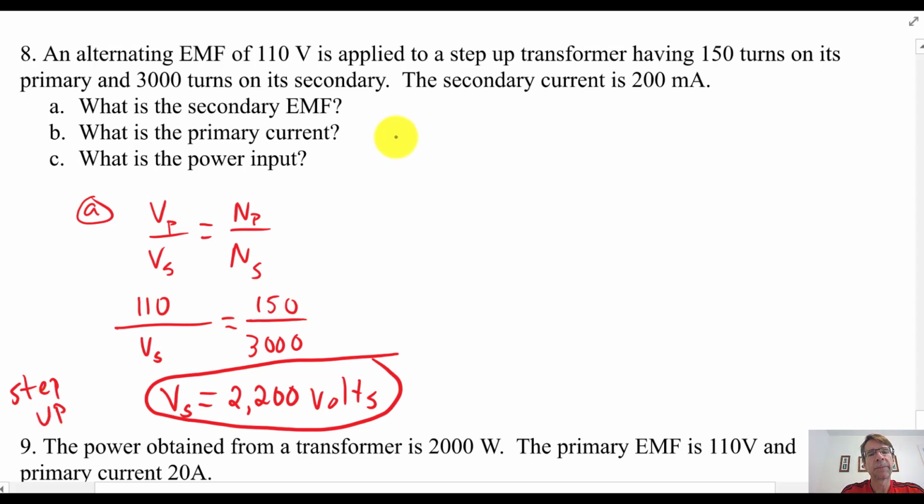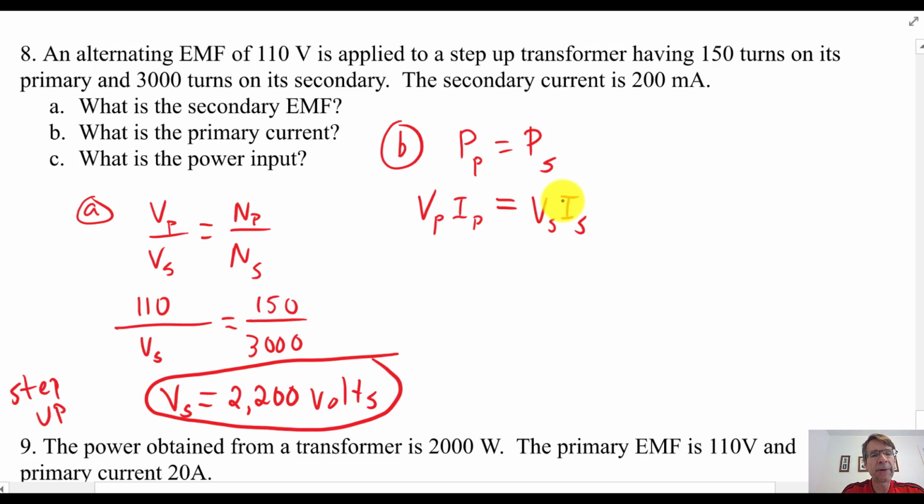Part B, though. What's the primary current? Well, the main way to do this is this: the power in the primary equals the power in the secondary. So P and S are primary and secondary. The power in the primary is the voltage in the primary times the current in the primary. We're assuming 100% efficiency, which is the assumption you will make unless you're told otherwise, equals the voltage in the secondary times current in the secondary, because power is voltage times current.